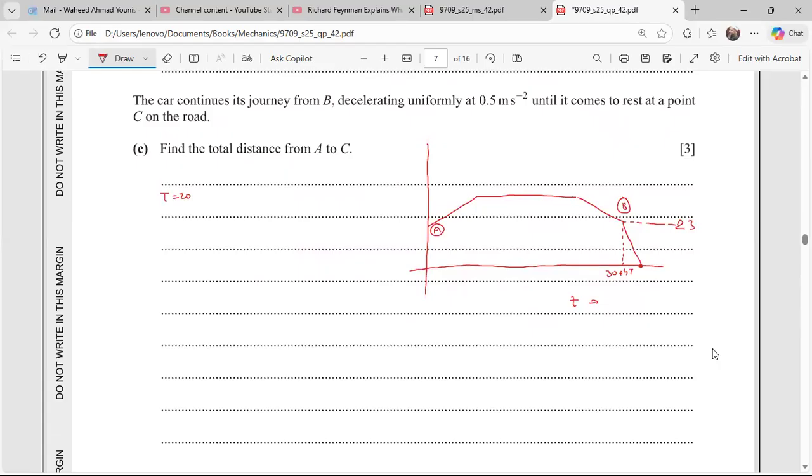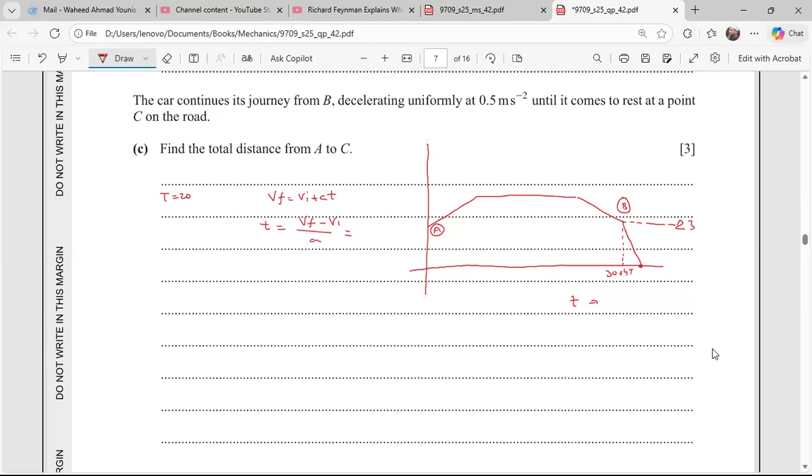How much time will it take to stop, to come to zero? You can see Vf equals Vi plus At. So from here, if I isolate t, it is Vf minus Vi over a.